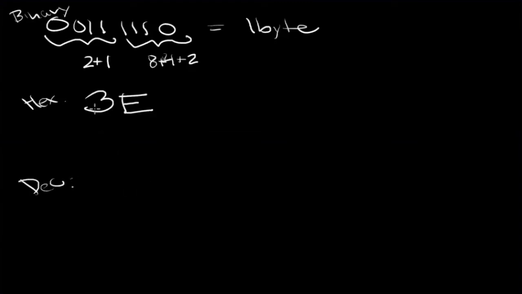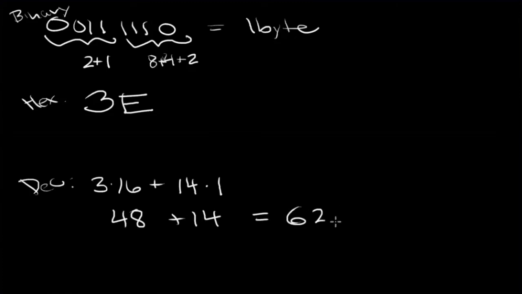And so to get decimal, it would be 3 times 16 plus 14 times 1. That's 48. And that's 14. So 52, 62. Okay. So this number really means 62 in our number system, like you would count on your fingers.